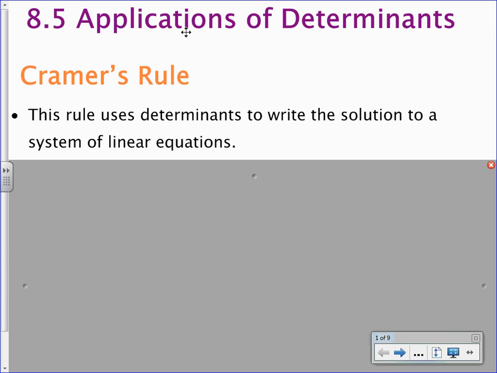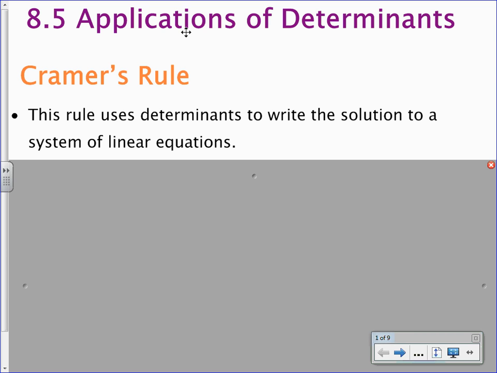We also know back from chapter 7, we used substitution and elimination to solve them. Back in Algebra 2, you used graphing to solve them. Now here is yet another way to solve them. Okay, Cramer's rule, which is the use of determinants of a matrix to solve them.